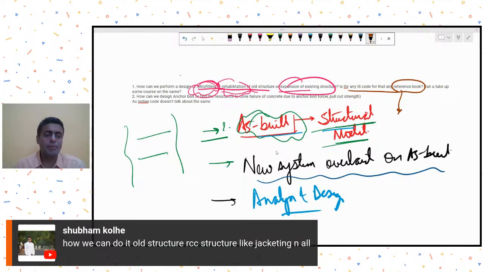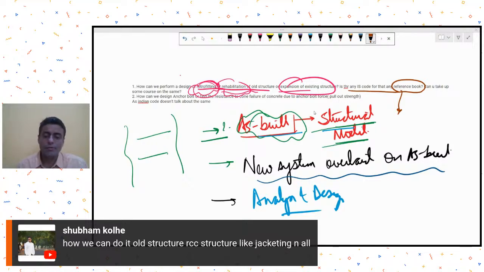And then schemes can be different. As I told you, in old structures, you can do jacketing. These days there is also a way of doing strengthening by carbon wrapping. But of course, it will all depend on under which action your members are failing. For example, if your member is failing in compression, carbon wrapping may not help.